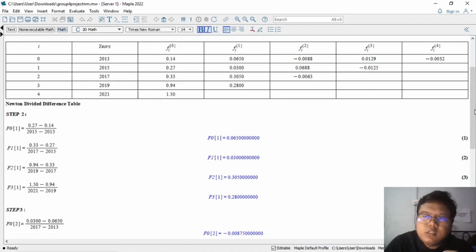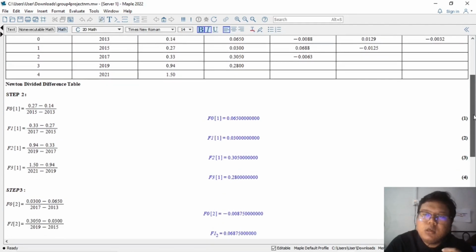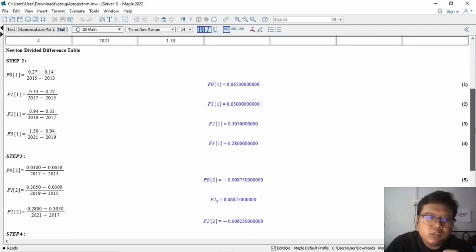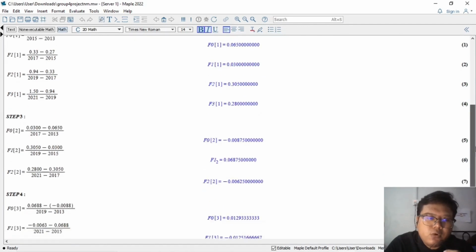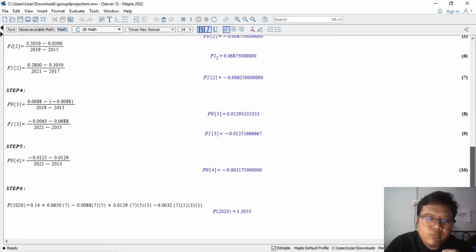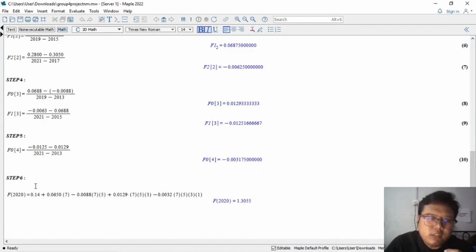We just repeat the steps from step 2, step 3, step 4, and step 5. And for the last one, step 6, we use the formula in the manual calculation that I gave, and we list what information we want to solve.